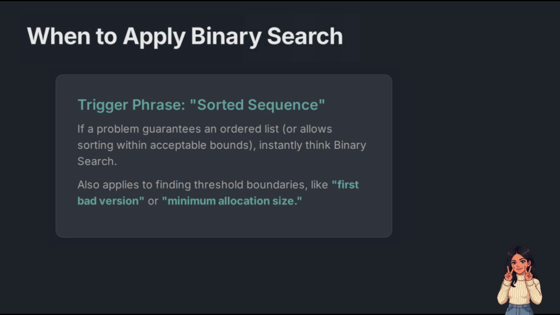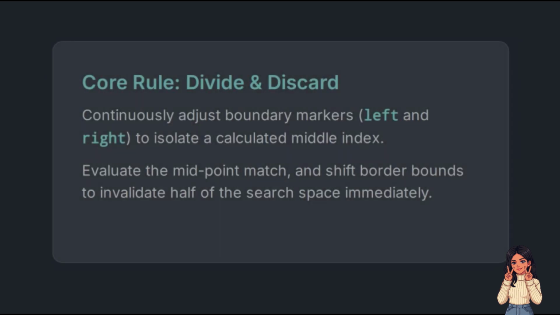You might also see it manifest as searching for a threshold, like finding the first bad version or the minimum allocation size. The core architectural rule to remember here is divide and discard. You are adjusting the boundary markers, left and right, to isolate the middle index, evaluating the match, and then shifting a border to invalidate half the array.